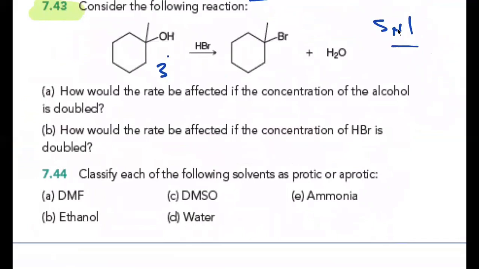SN2 will not happen on a tertiary carbon because the accessibility of that carbon is minimal to the incoming nucleophile, which has to come from the opposite side of the leaving group. If it's a tertiary carbon, the back side is going to be blocked. Let me show you. If I've got a tertiary carbon, here's my leaving group, and this is my nucleophile trying to come in, that's not going to happen.